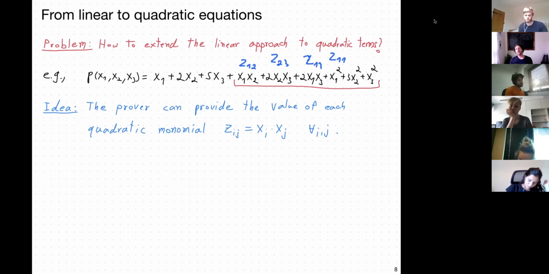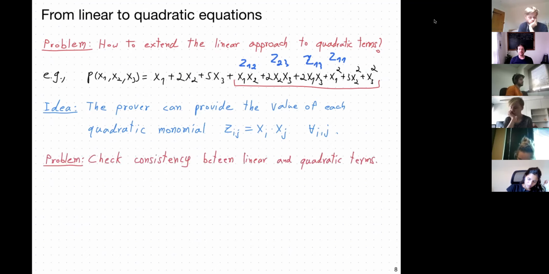This is a recurring thing: we have a prover that is untrusted, and we need to check that this whole structure is preserved. The key is how to check consistency between linear and quadratic terms. The prover could say this is z_{1,2} and plug in whatever values would convince me, but this is not at all what is claimed. So how do we deal with such pesky provers?